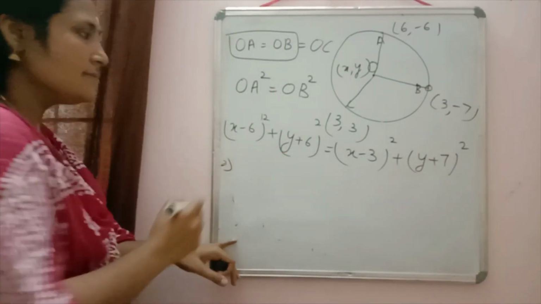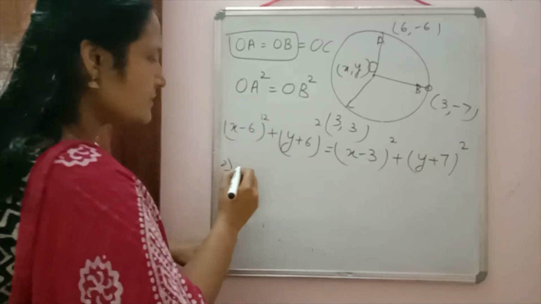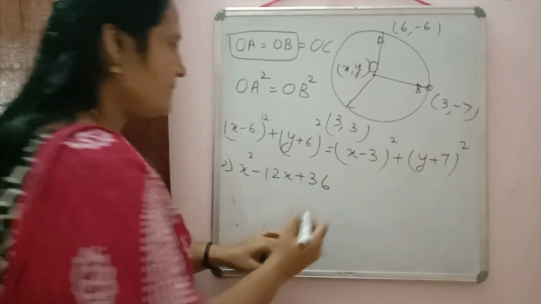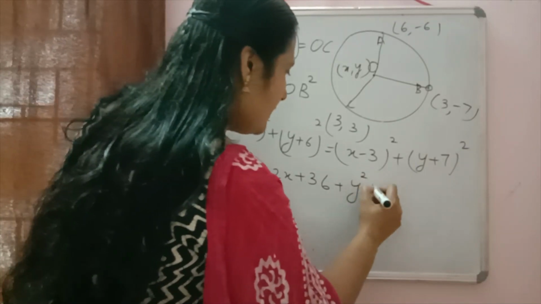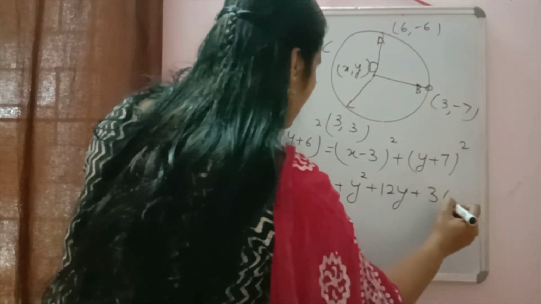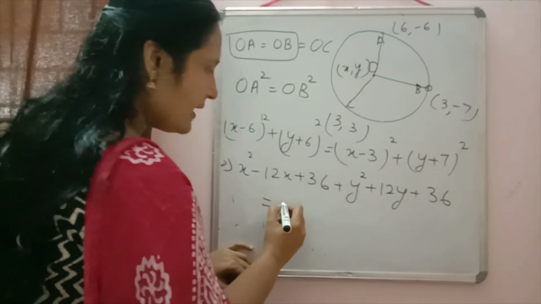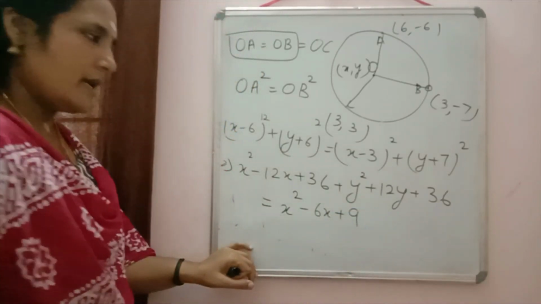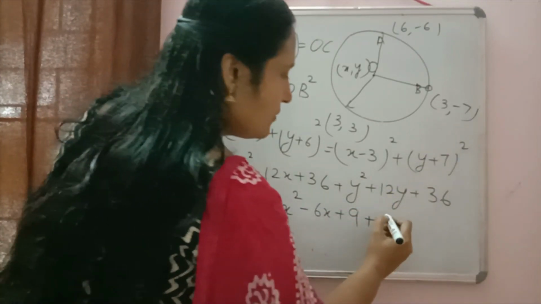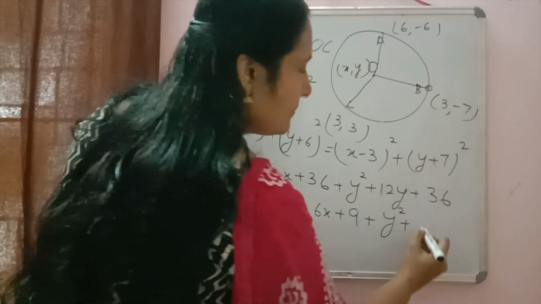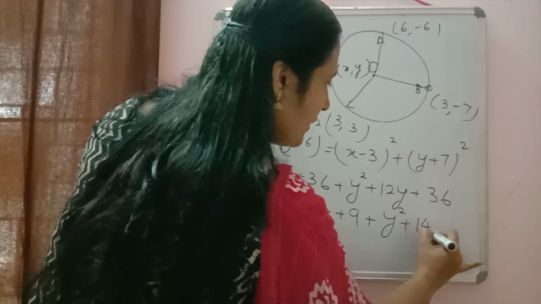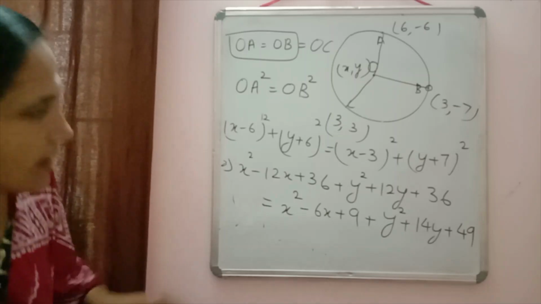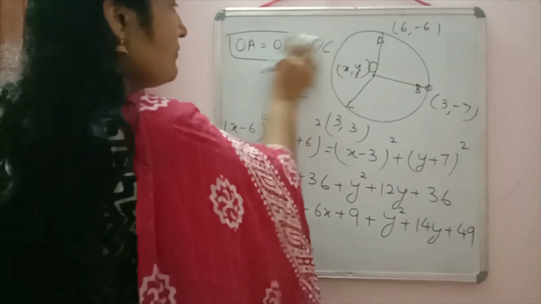Now we'll simplify it. x minus 6 the whole square is x square minus 12x plus 36, plus y square plus 12y plus 36, is equal to x minus 3 the whole square, which is x square minus 6x plus 9, plus y plus 7 the whole square, which is y square plus 14y plus 49. So again x square and y square on each side will get cancelled.